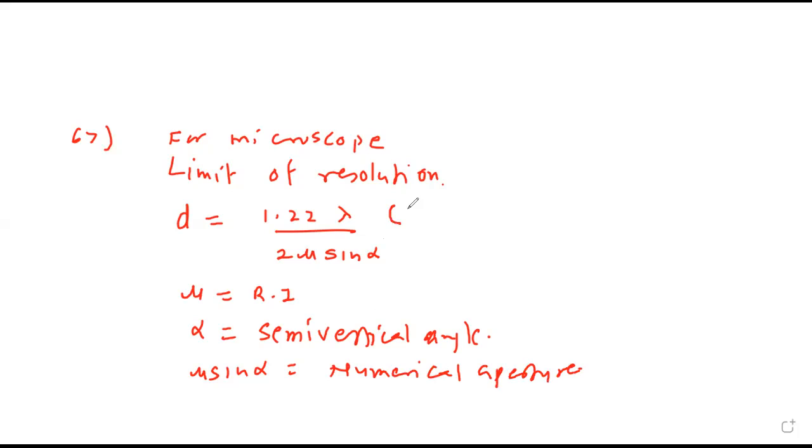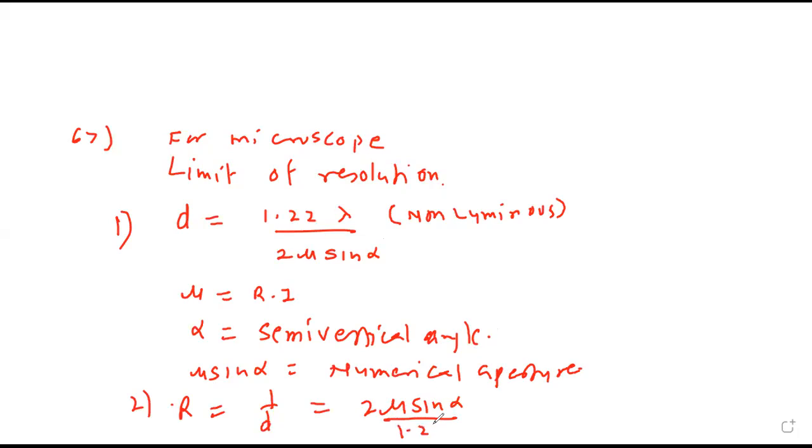This is for a non-luminous body, where light is incident on that body. And resolving power is the reciprocal of the limit of resolution, that is 2 mu sine alpha upon 1.22 lambda.